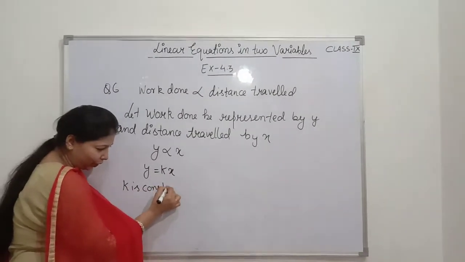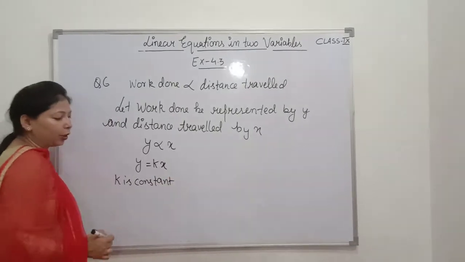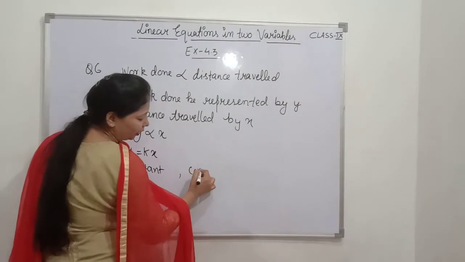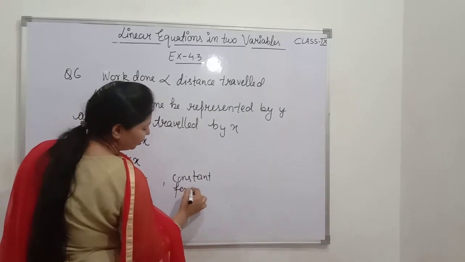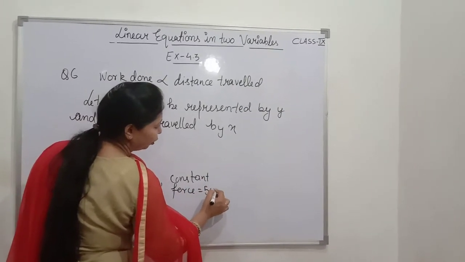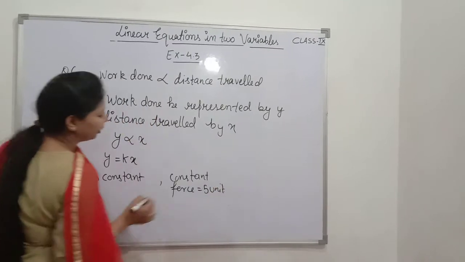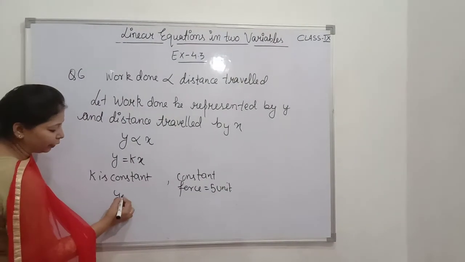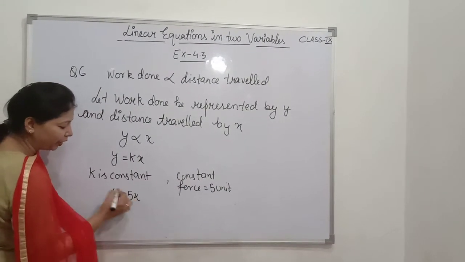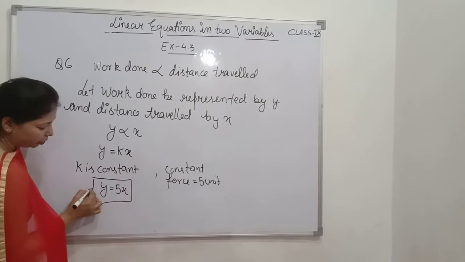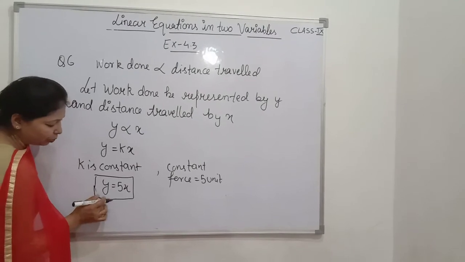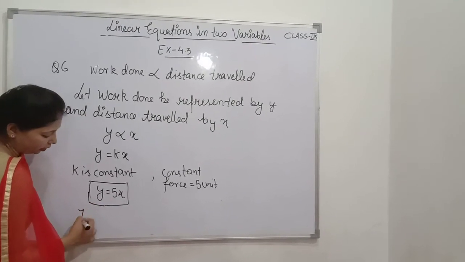And in this question it is given that the constant force is 5 units. This is given to me. So that means y = 5x. This is my equation. Okay students, this is my equation. This is the equation I had to form.